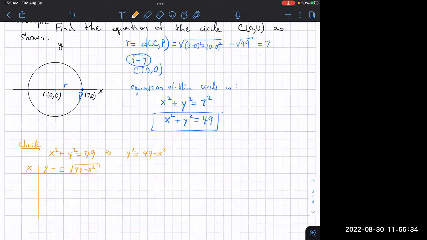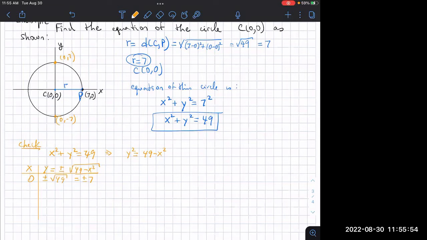Then you can play around. If x equals 0, for example, that would be plus or minus the square root of 49 minus 0, so it's plus or minus 7. So there's the points 0, 7 and 0, negative 7.